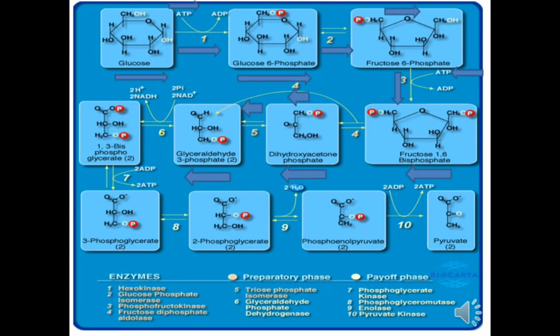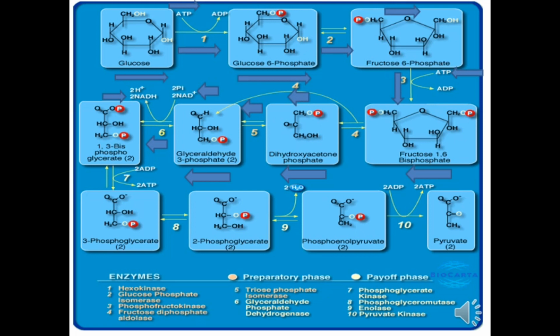Glyceraldehyde 3-phosphate undergoes oxidation and phosphorylation. Oxidation is carried out by an enzyme known as glyceraldehyde 3-phosphate dehydrogenase. This enzyme uses NAD+ as coenzyme to produce NADH.